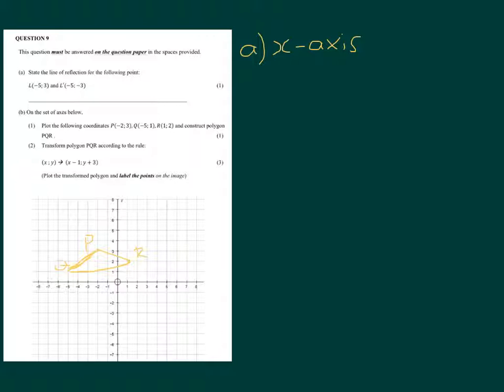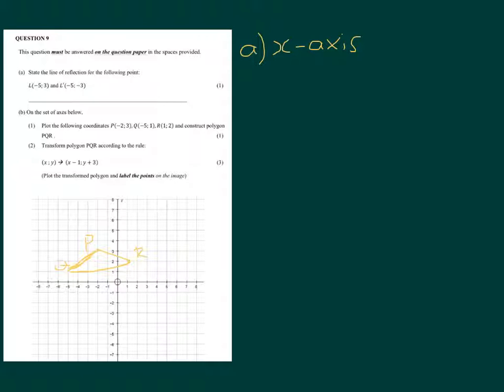The next question was a little bit more involved, and it asked you to transform polygon PQR according to the following rule. And what this rule is explaining to us is that we've got to take our object, every point on that original polygon PQR, and for the x coordinates we've got to subtract 1, and for the y coordinates we've got to add 3.